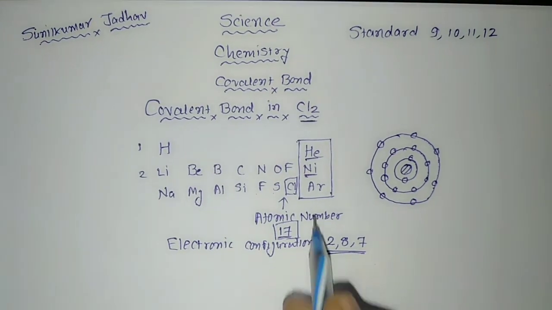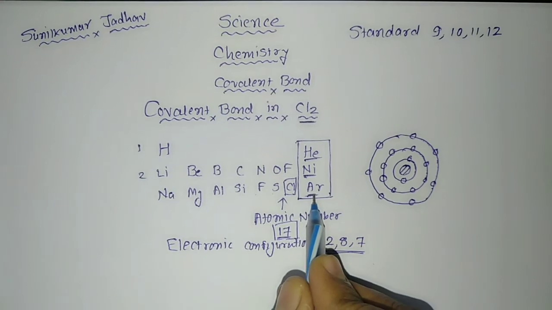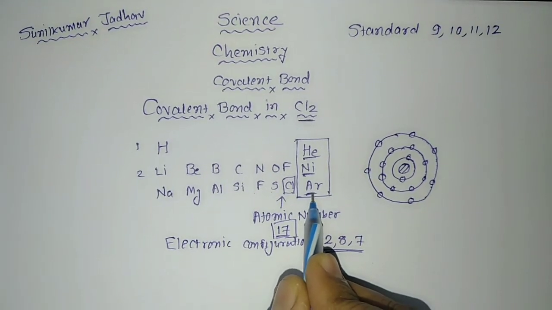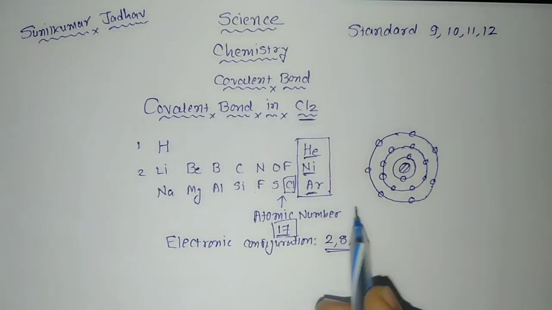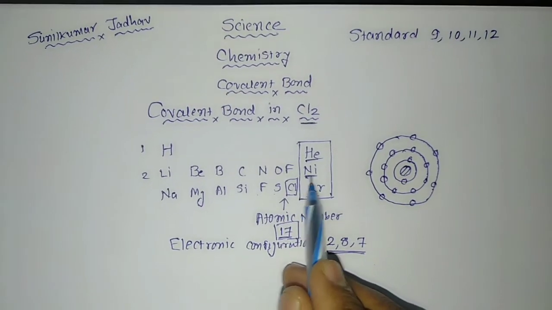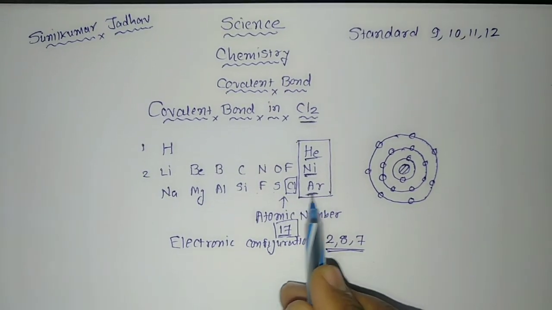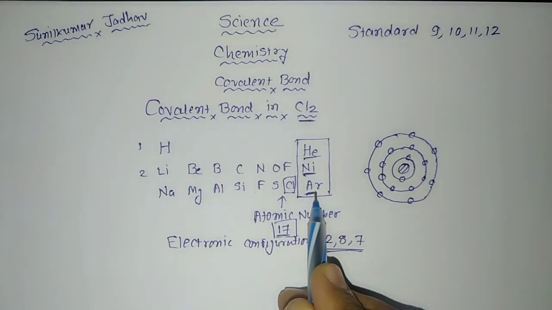Or in the other case, if it gains 1 electron, it will have the electronic configuration like argon. So there are two possibilities: it can lose 7 electrons to get the configuration like neon, or it can gain one electron to complete like argon.